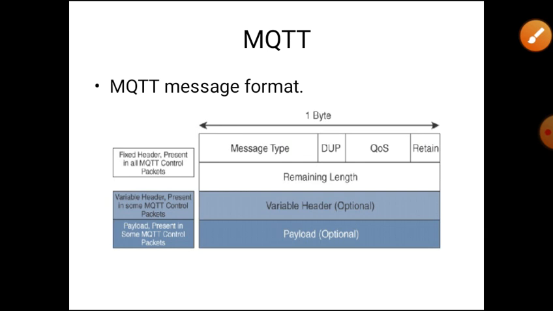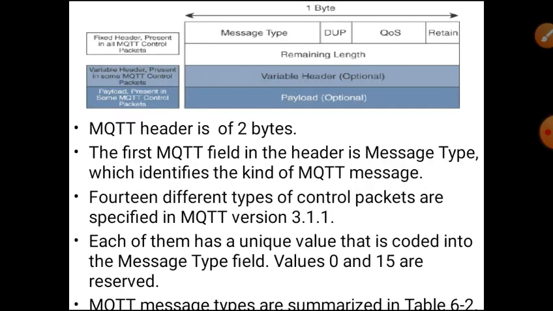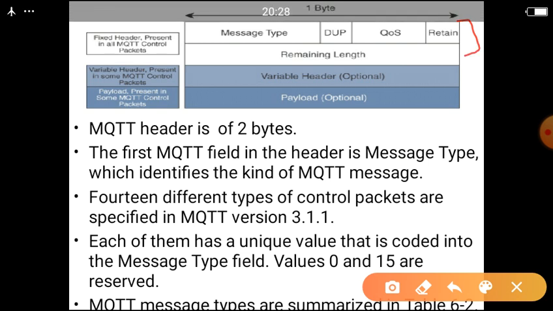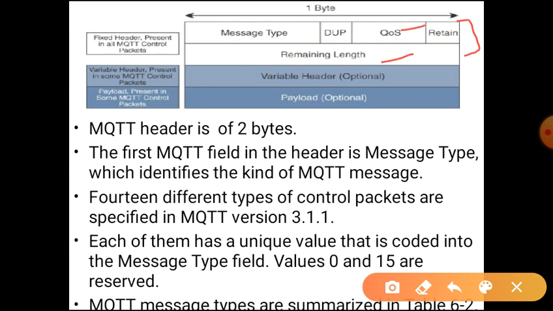Now we will consider the message format that is used by these clients as well as the server. These are the different fields of an MQTT message. Here we have a header which is of 2 bytes. This is the first byte, the upper one. Next one is the second byte.